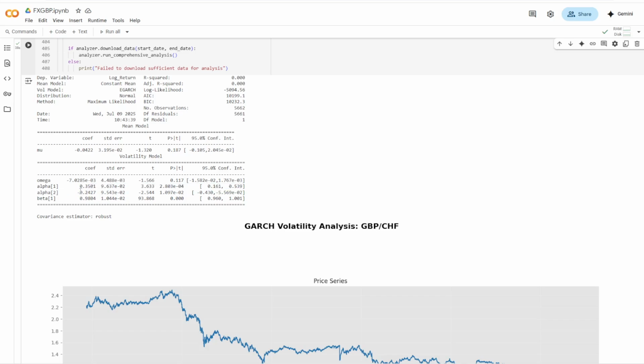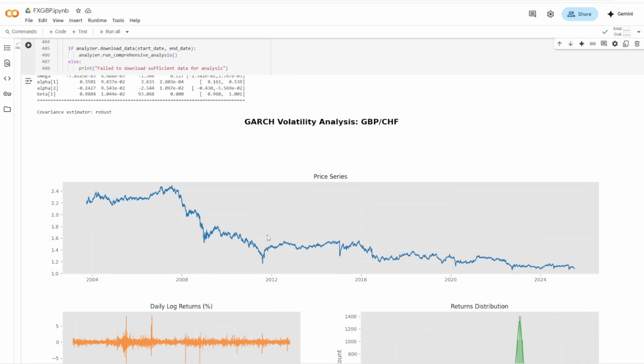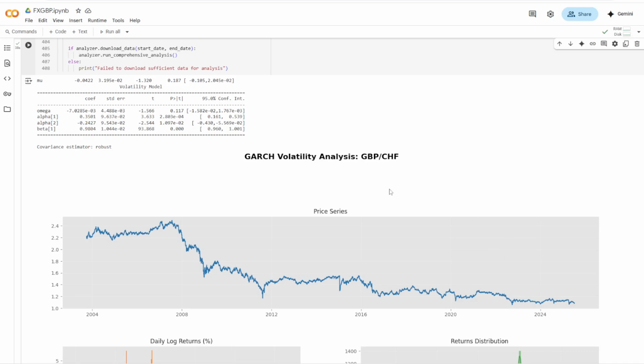Here we have a negative second alpha value, but net it's positive, like 0.10 more or less. And as with the other pound FX currency pair exchange rates, they have a persistency of volatility which is close to 1 unit.